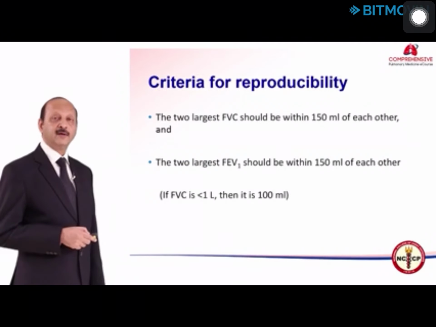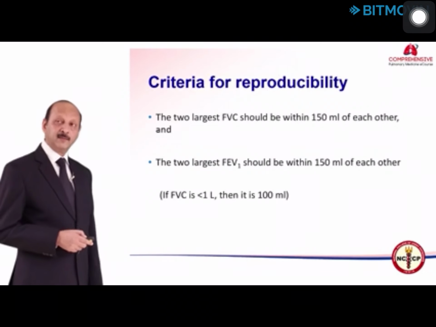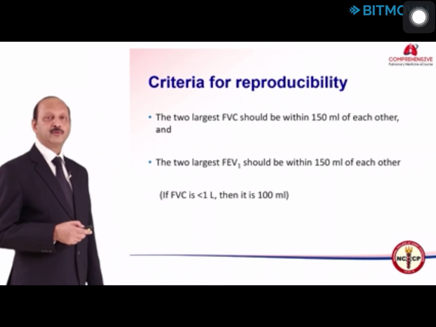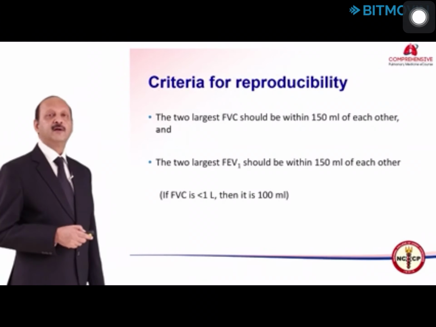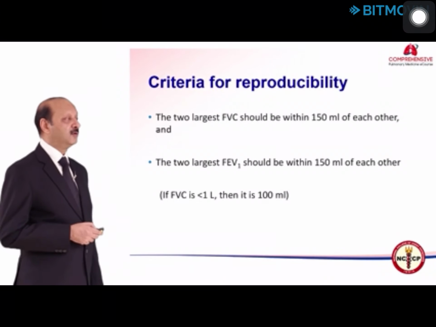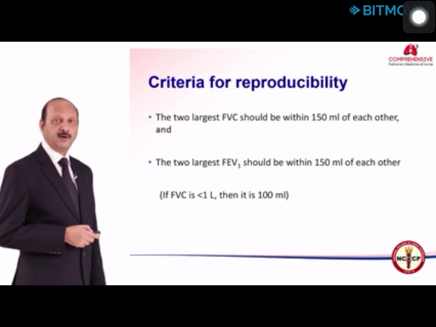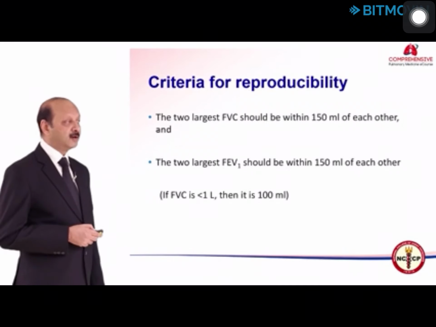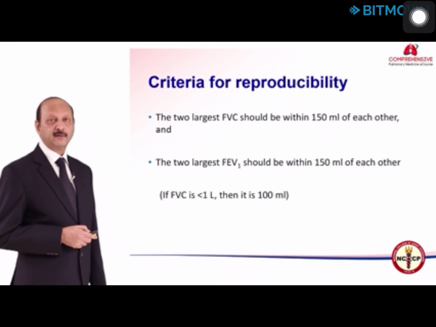Then we say okay, now this is a reproducible test. Even if the patient does it in the same laboratory another time or goes to some other lab, you will have similar results. So, it is very essential to have an acceptable test as well as a test which is reproducible. Of course, when there is a restrictive lung disease, instead of 150 ml we take the criterion as 100 ml when the vital capacity is less than 1 liter.